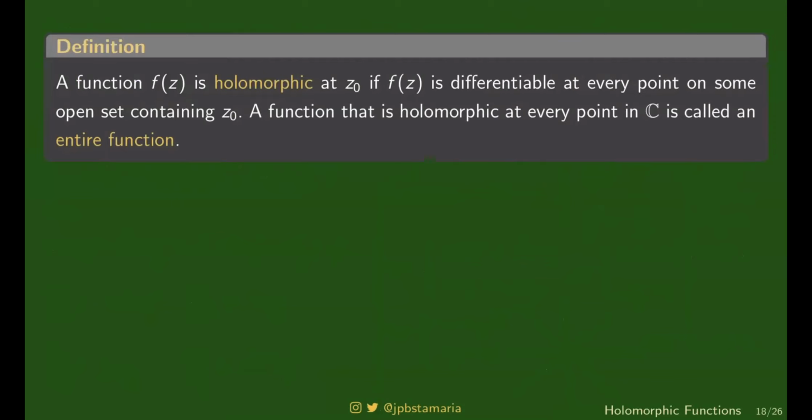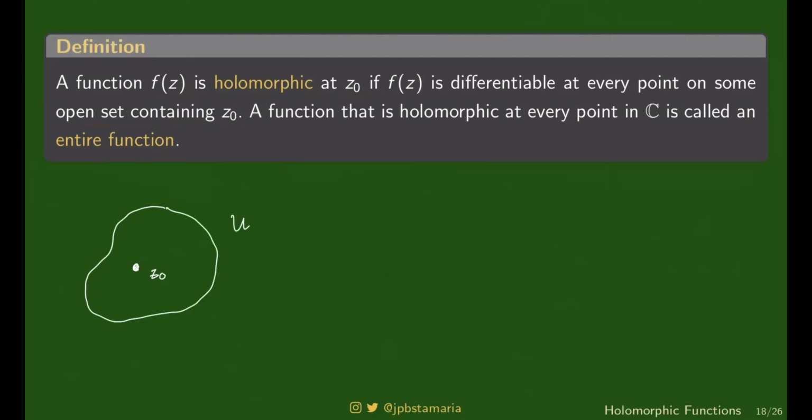Kasi tingnan yung definition natin. F of z is holomorphic at z0 if f of z is differentiable at every point on some open set containing z0. Kumbaga, if this is your point z0, para maging holomorphic ka dyan, hindi ka lang dapat dyan differentiable. Dapat differentiable ka rin on some open set.